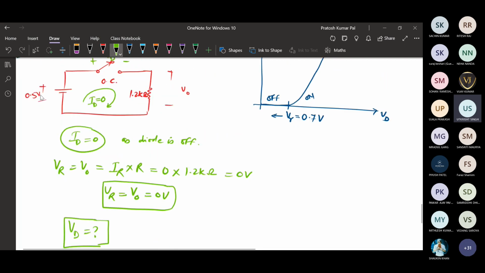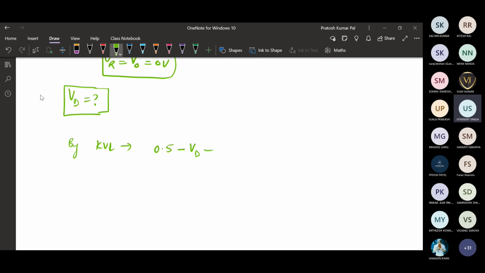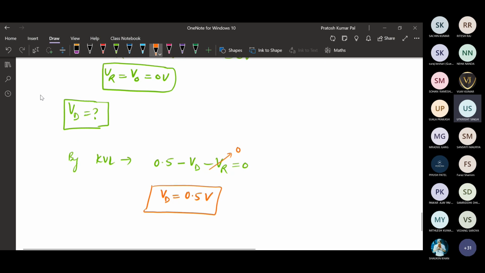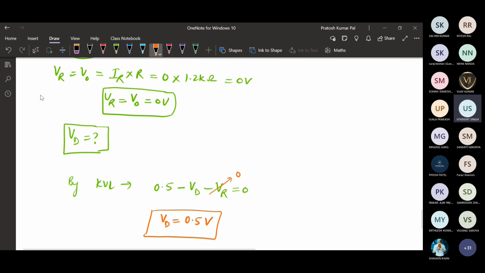In case of the resistor, here we exit with a negative sign, so it is minus VR. All these voltage components sum to 0. This is KVL. The VR value we have already seen is 0. So we conclude VD equals 0.5 volt. Here the diode is open circuit and the voltage across this diode comes out to be 0.5 volt.